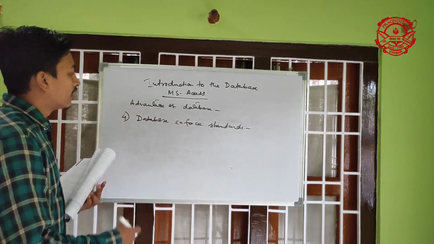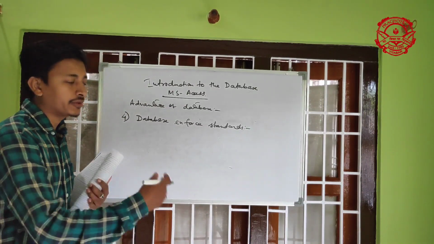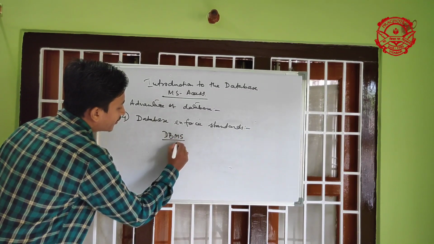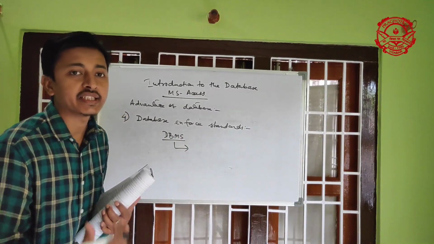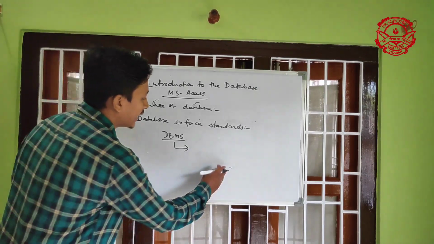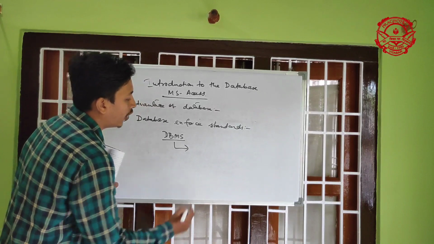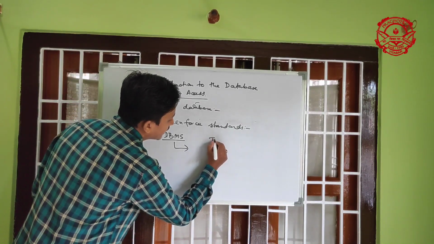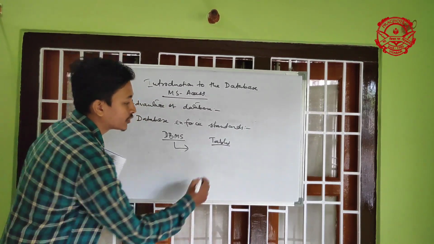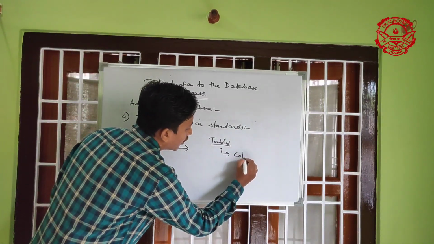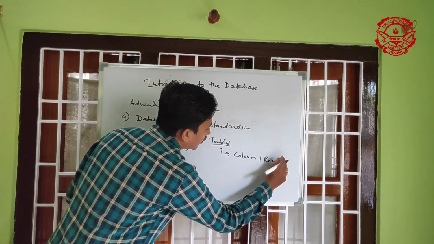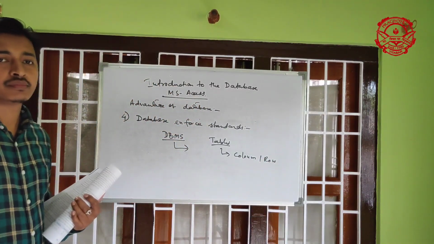When I view the data from the DBMS, there are some standards. For example, in a DBMS all the information is saved in tables, column-wise or row-wise.